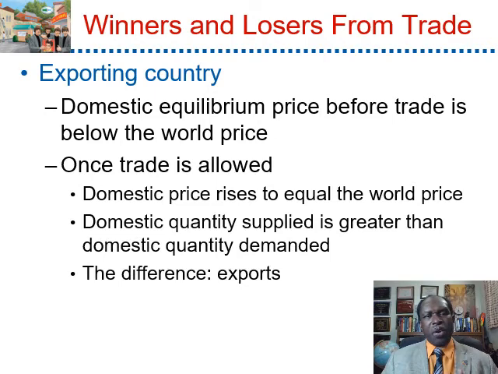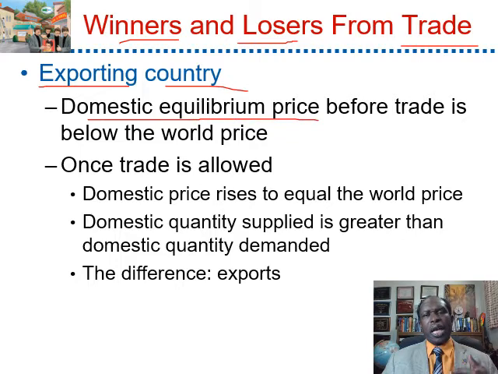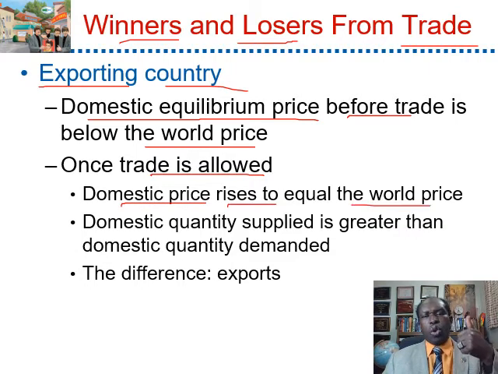To find out the winners and losers from trade, we're going to begin with the exporting countries. Where the domestic equilibrium price is below the world price before trade, once trade is allowed, the domestic price will start rising to equal the world price.